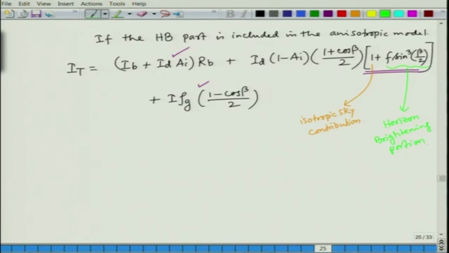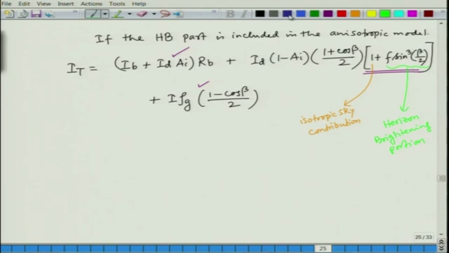Okay. So, basically we have not written it in separate form, but we corrected the isotropic sky term for the diffuse radiation with this factor, which includes the effect of horizon brightening.